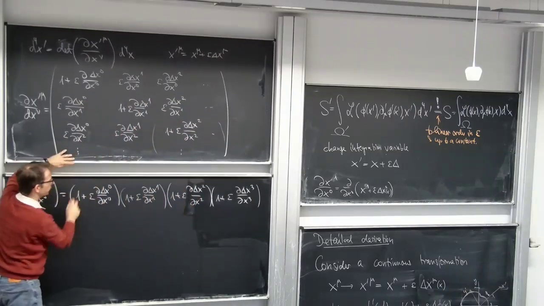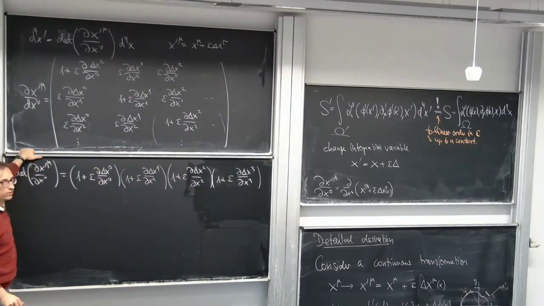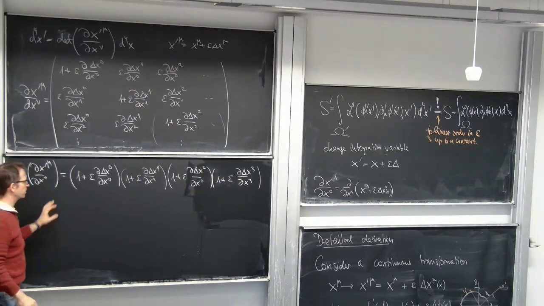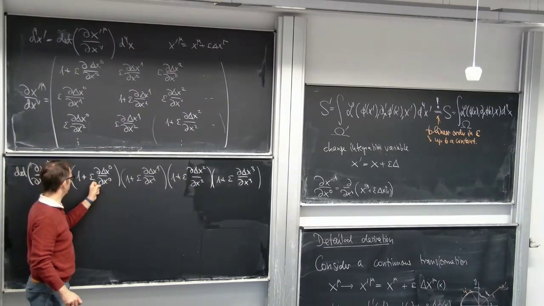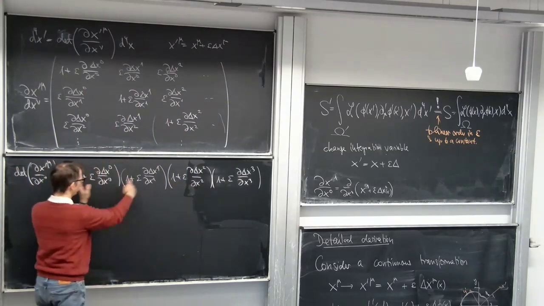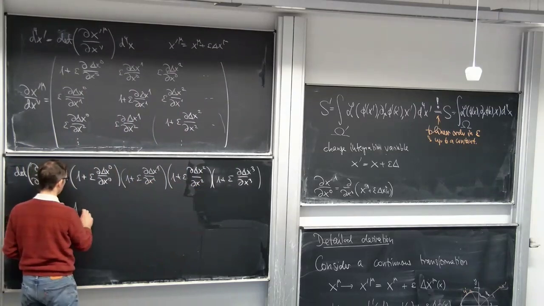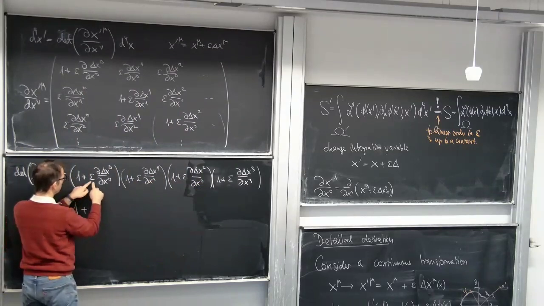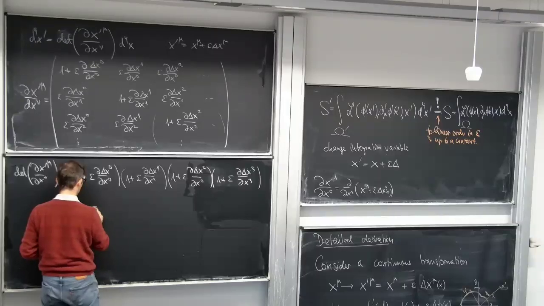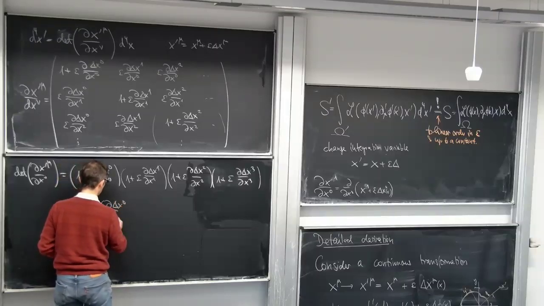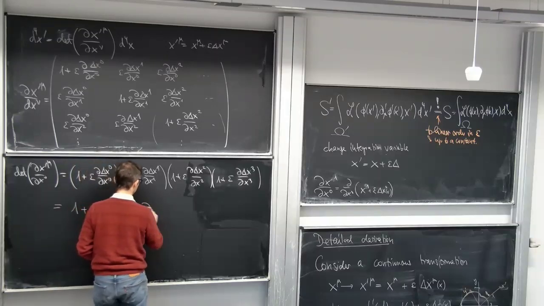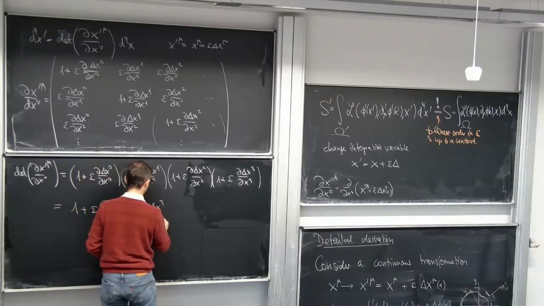So I don't know if you need to write this out a bit more explicitly, but this would be the only thing that has a chance of contributing, and it's already too much because it's lots of epsilons. I have to expand this out, so I get the 1 and then plus 1 epsilon from each: epsilon d delta x0 by dx0 plus the other d delta x3 by dx3.